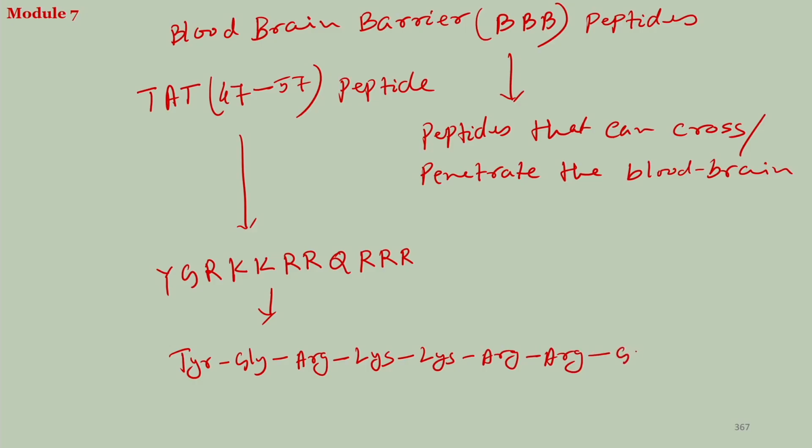Q is your glutamine, GLN, glutamine, arginine, arginine, arginine. 1, 2, 3, 4, 5, 6, 7, 8, 9, 10, 11. So it is an 11-mer peptide sequence that will allow you to cross the blood brain cells. So these are some of the important reasons why we need to synthesize peptides that I have talked about. There are many others.